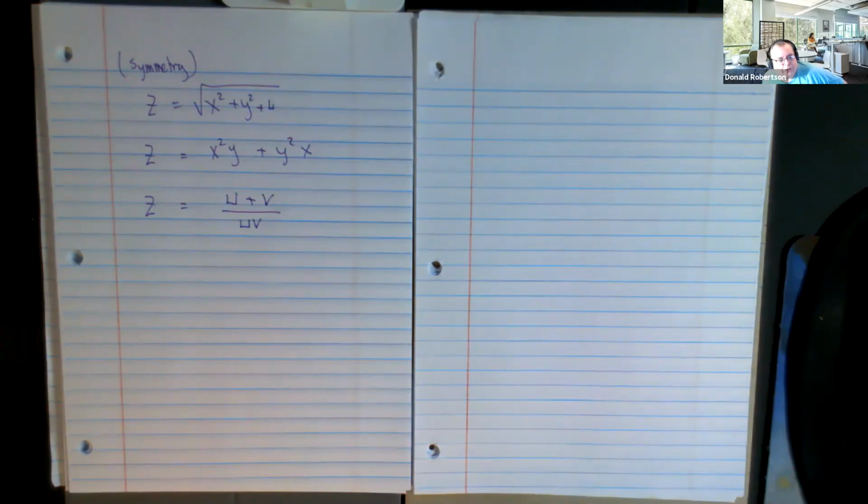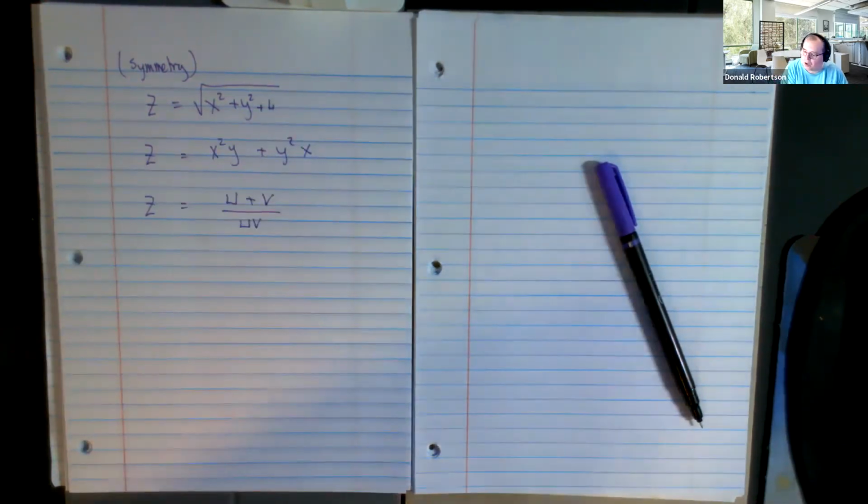Now, when you look at those functions and you're saying, I wonder what makes a function symmetric. The rule is basically, if you can take the x and the y, and imagine all the x's becoming y's and all the y's becoming x's, you end up with the exact same thing that you started with.